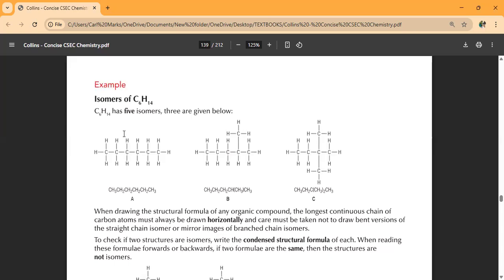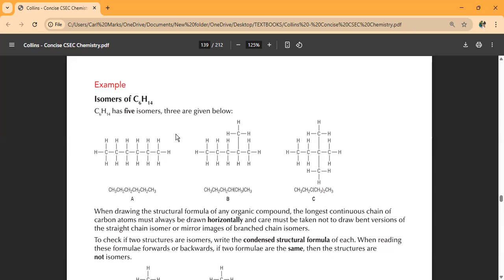So we know C6 tells us how many carbons? How many carbons do we have in this compound here, the first one? And how many hydrogens?